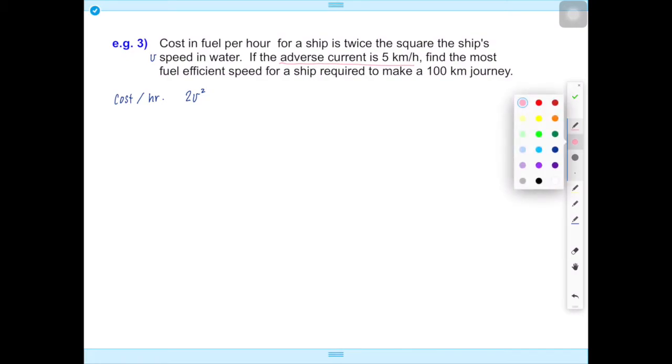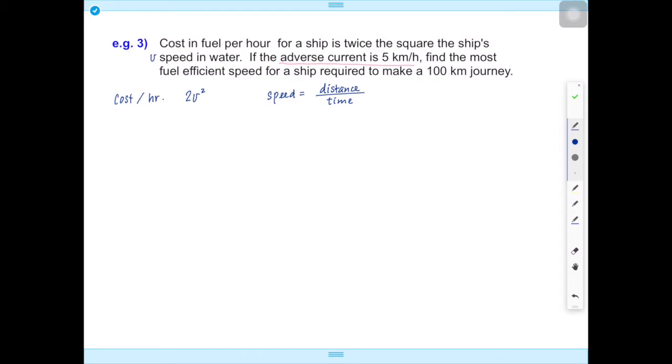So thinking about what we know about distance, speed, and time, we know that speed is distance over time, or however way you remember this formula.